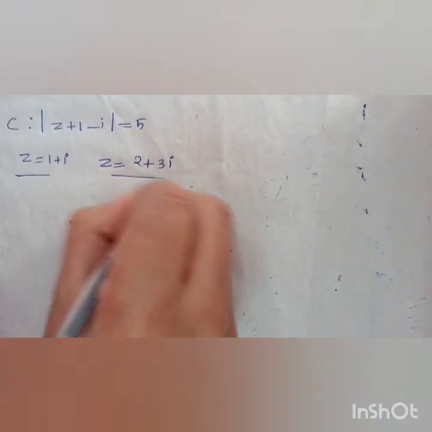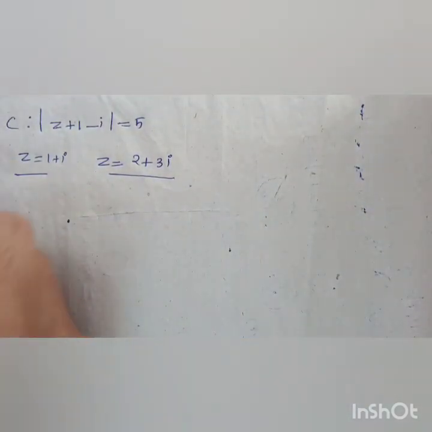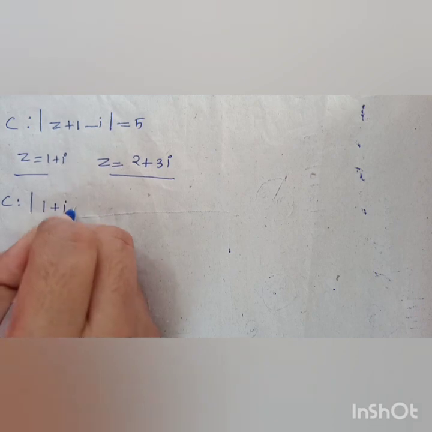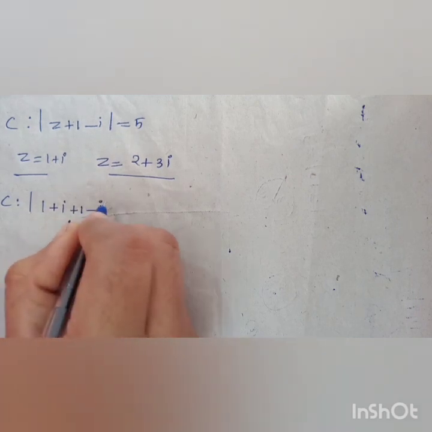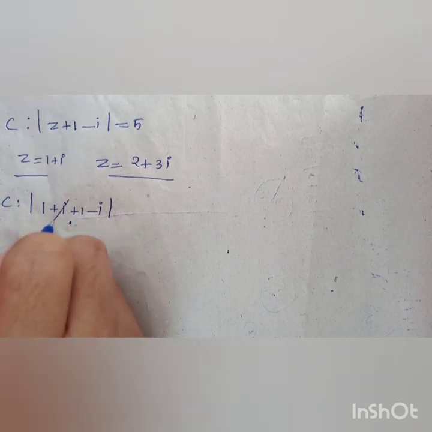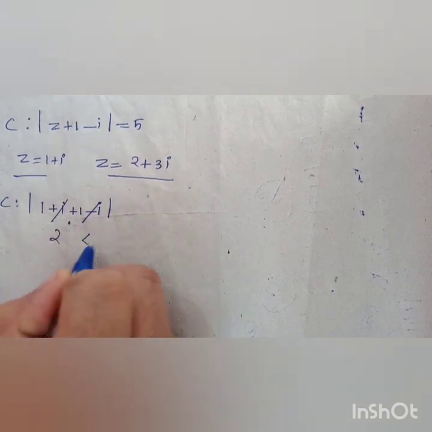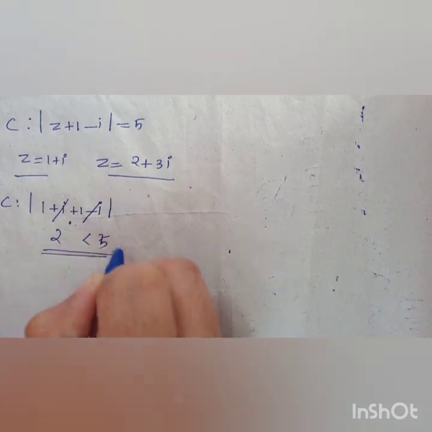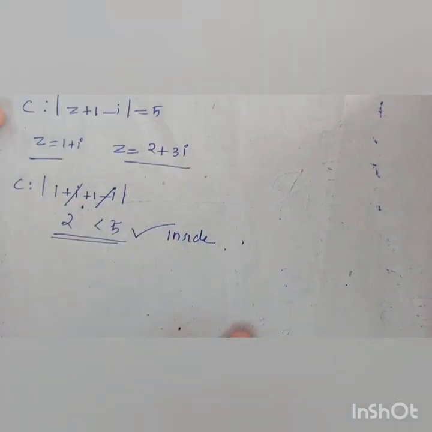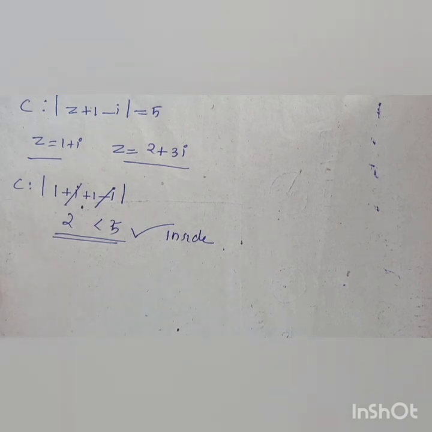You have to check whether these singular points are inside or outside, so you put the values of z there. For z = 1 + i, we get 1 + i + 1 - i, so the i cancels and we get 2. 2 is less than 5, so this is inside. You just put the values of z there.